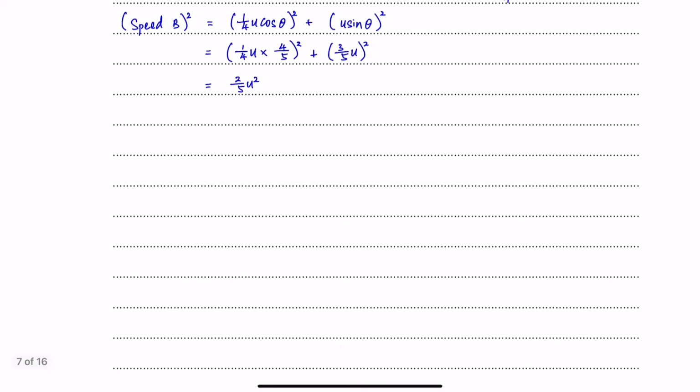And the change in the kinetic energy would be half times mass, because the mass of the two spheres is the same, so we can just use m, times the change in the speed squared.